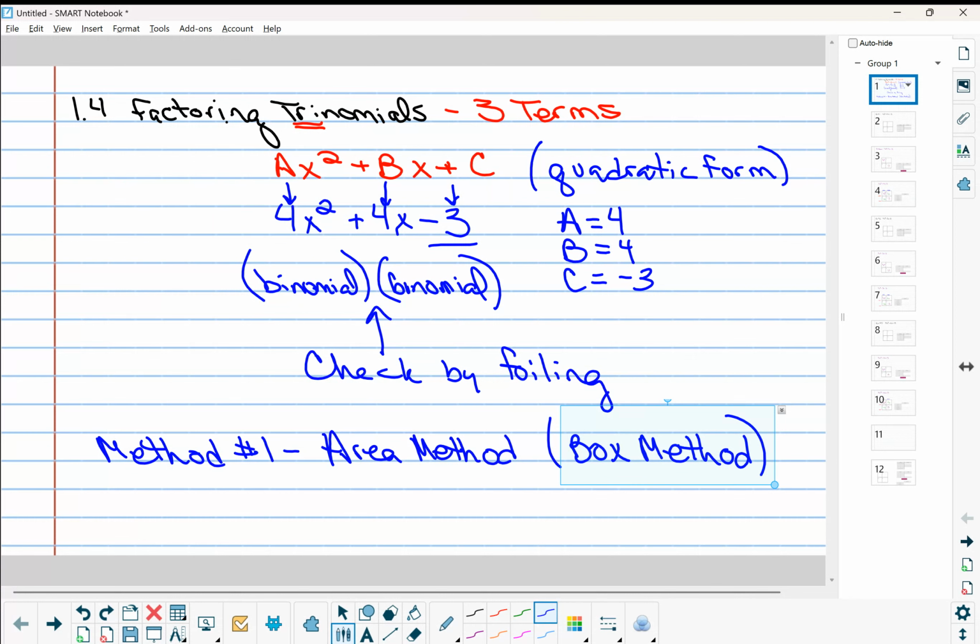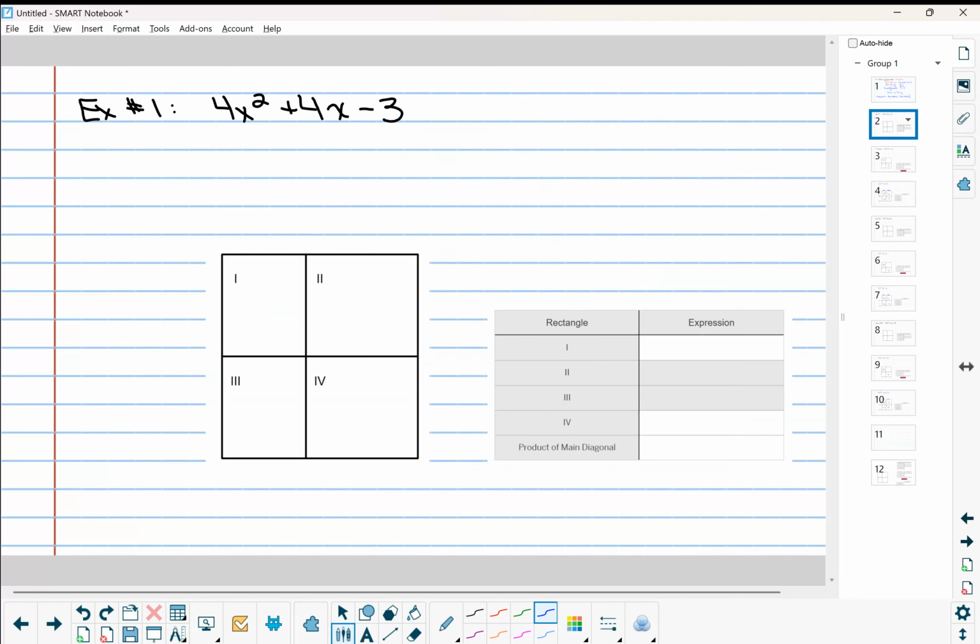Moving along, we are going to move to the next screen, and I'm going to show you how this will look in Desmos, because you're going to be doing a Desmos activity, and we'll work through our first example. You're going to see boxes with these 4 numbers in it, and then a table over here.